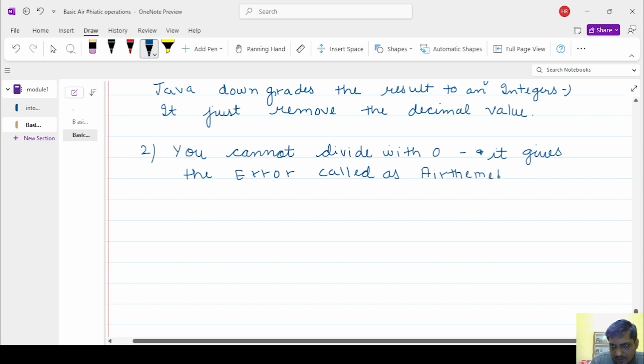Arithmetic exception. Whenever any integer is divided by 0, it gives an error.